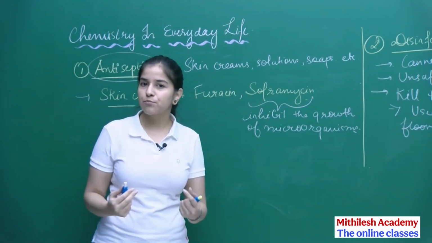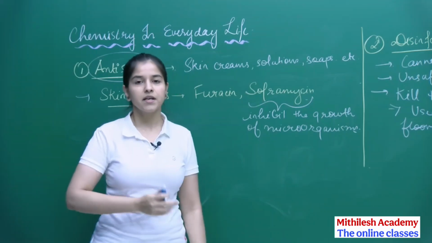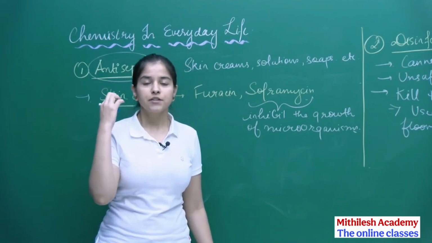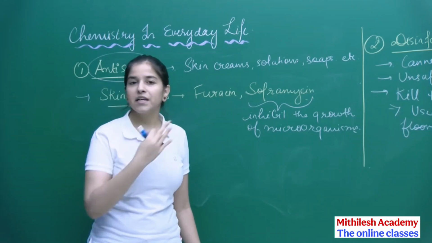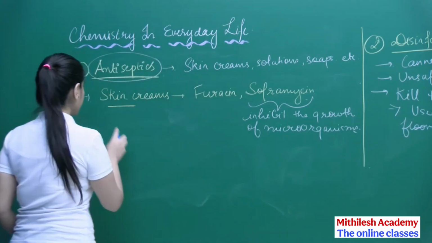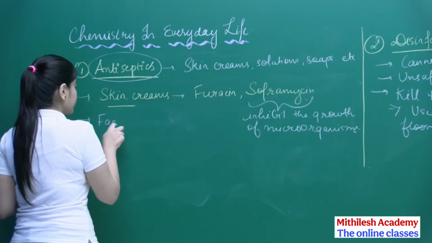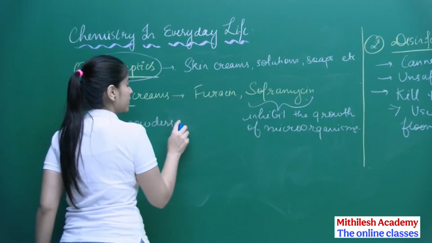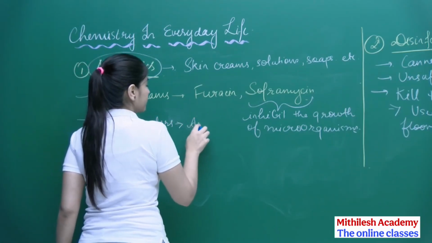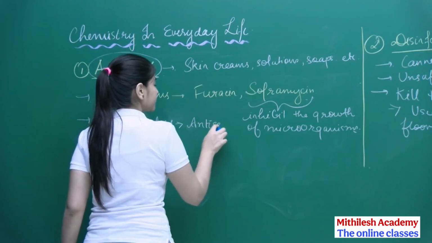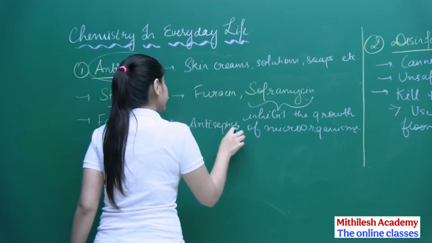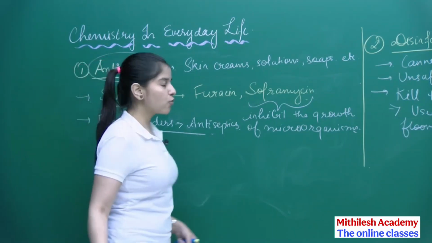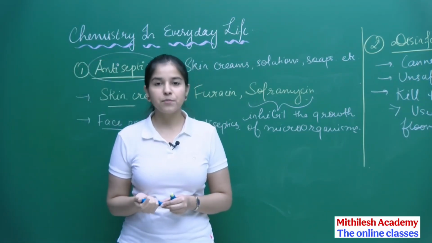Even face powders have antiseptics in order to avoid any kind of infection whenever we apply face powder or creams on our face. So face powders again have antiseptics involved, and so on.